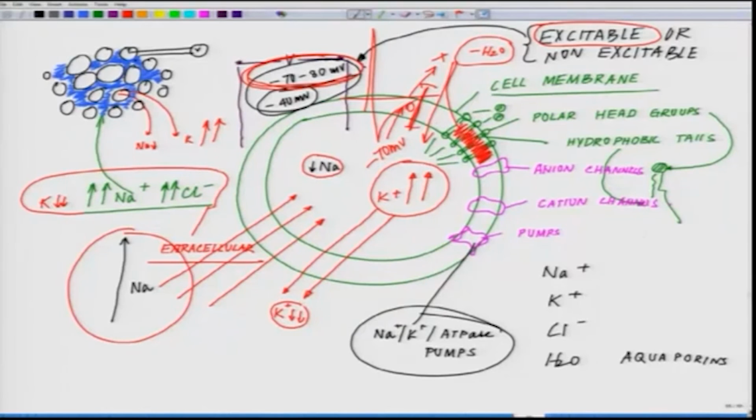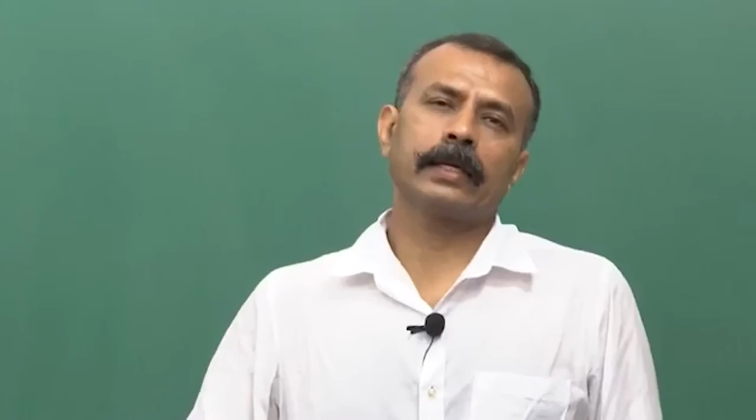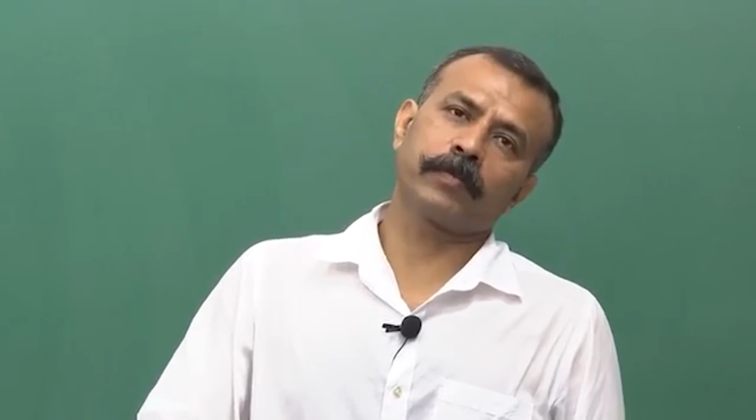So, what you see on a scale, if you plot the voltage on the y axis and the time on the x axis, and the cell is sitting at minus 80 millivolt, all of a sudden you see something like this, and this is the classic characteristic of an excitable cell of your body.